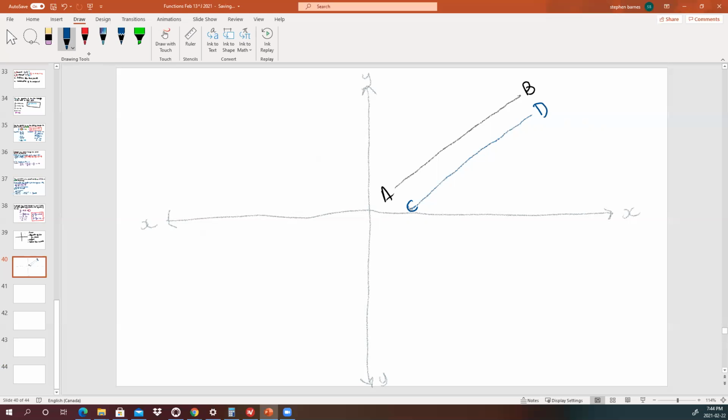Now, line AB and CD are running in the same direction, right?